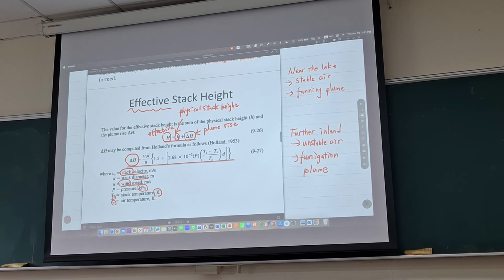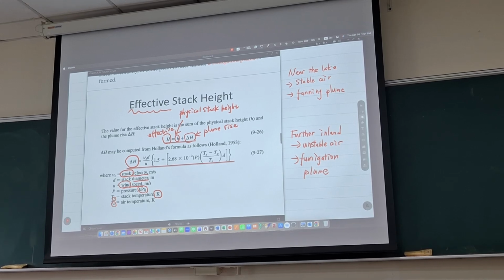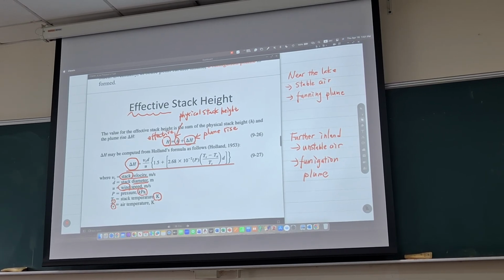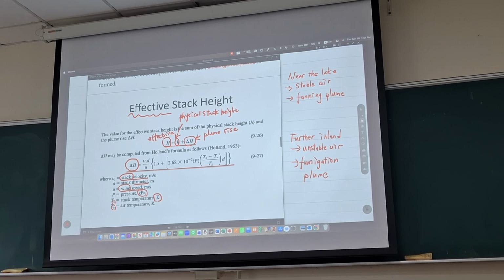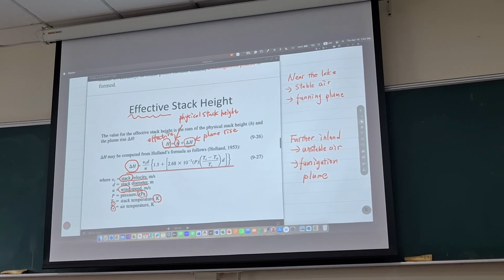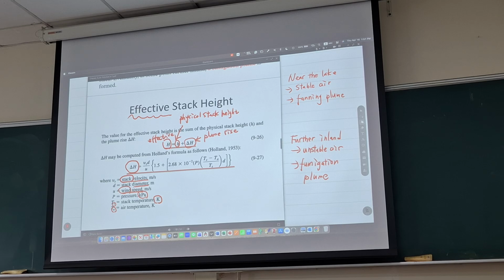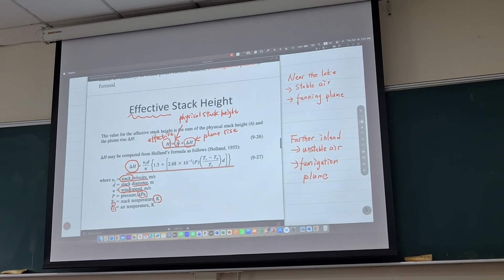So by using this formula 9-27, you can find out delta H. Then you end up with the physical stack height, and then you can find out the effective stack height.